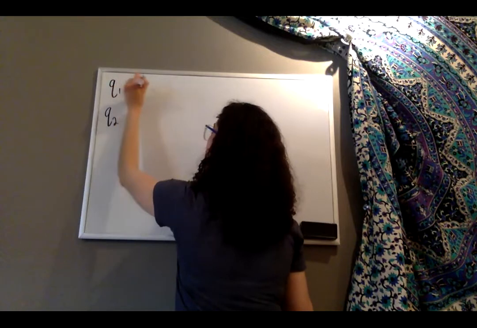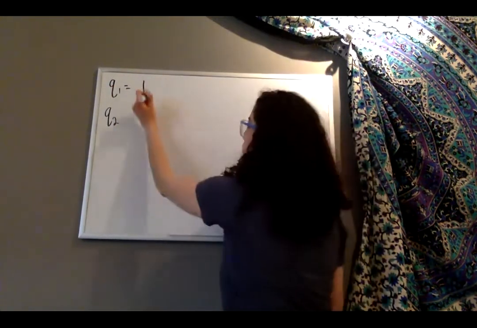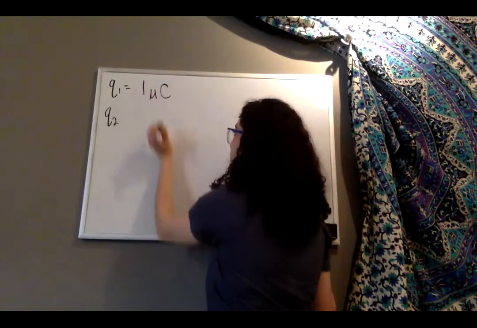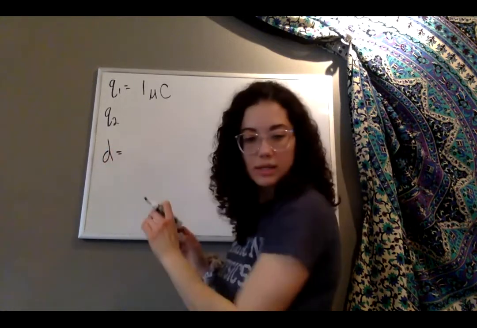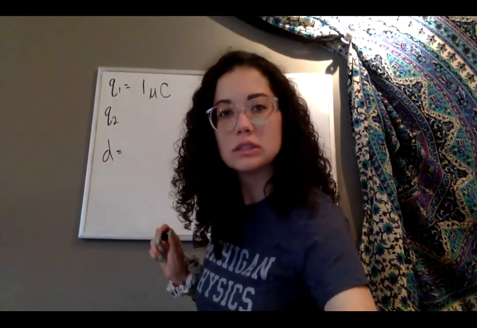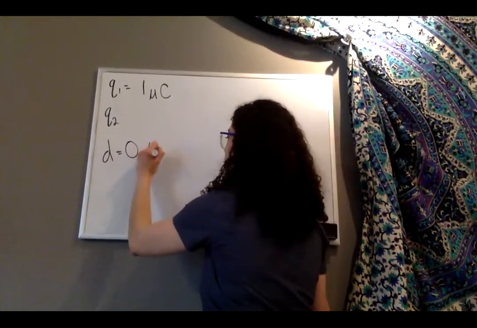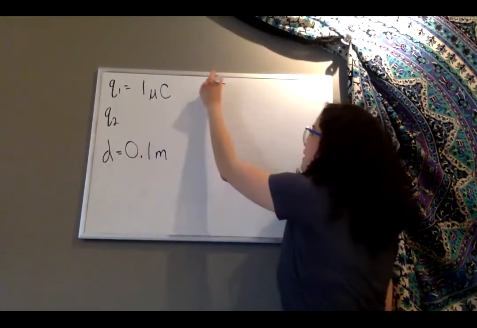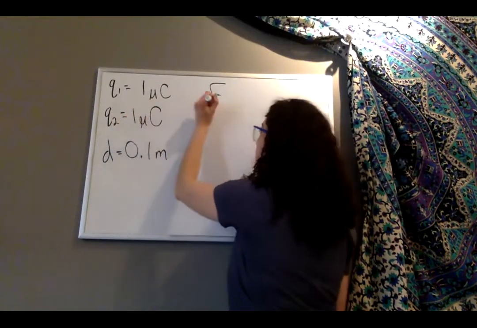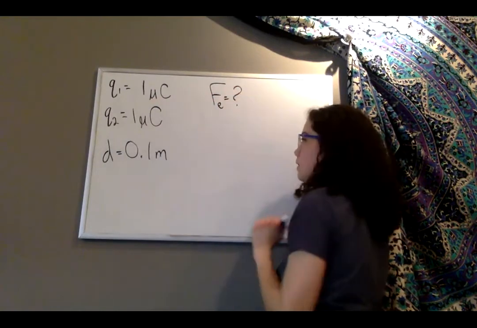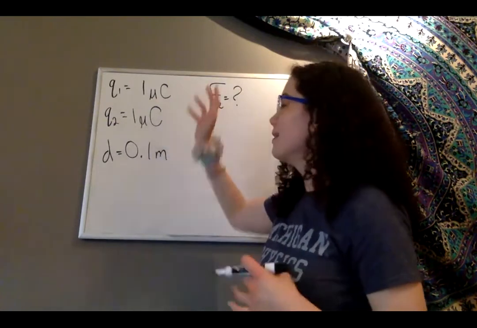We've got 1 microcoulomb, mu c, and they are separated by a distance of 0.1 meters, yep. And we want to know Fe.